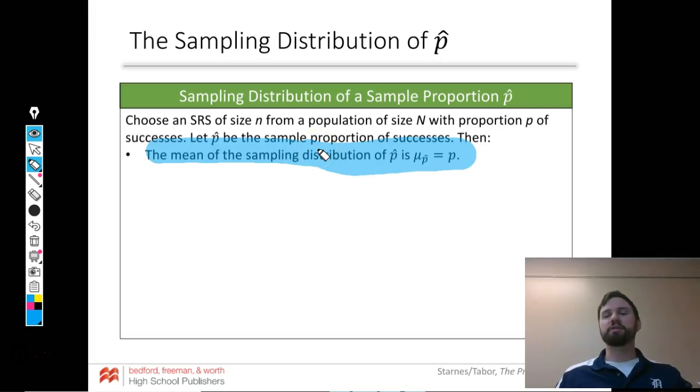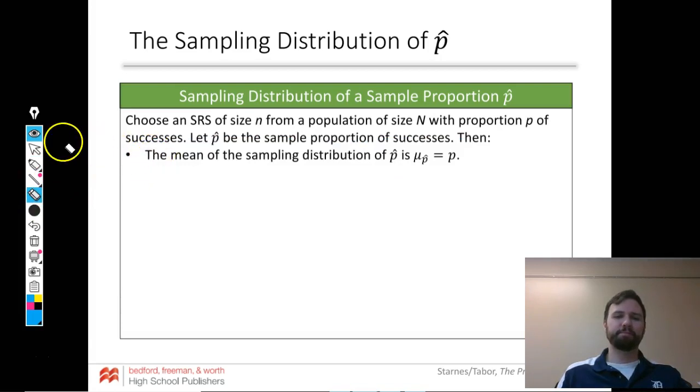So if the population has a 20% chance of making a free throw and you take samples of size 20, you'd expect 20% of those free throws to be made. That should be your mean. Does it seem silly? Yeah, but the world's silly.